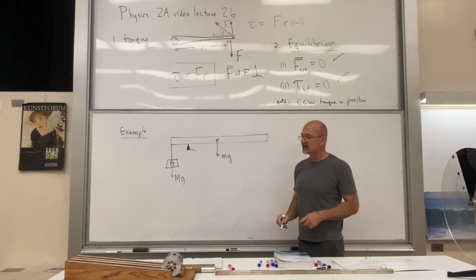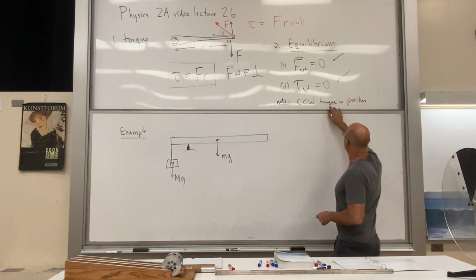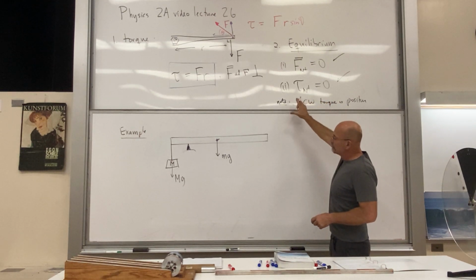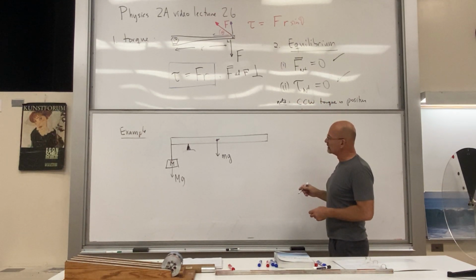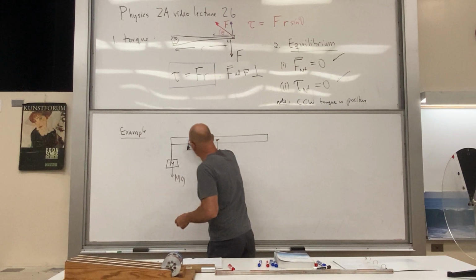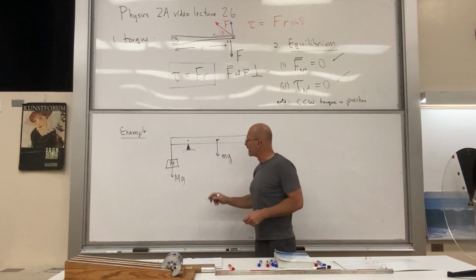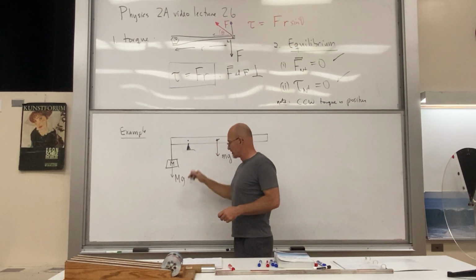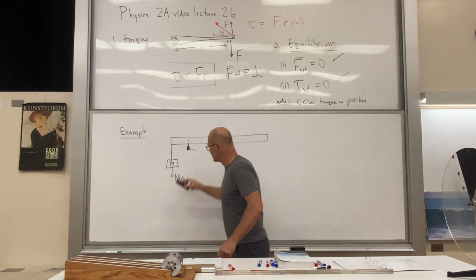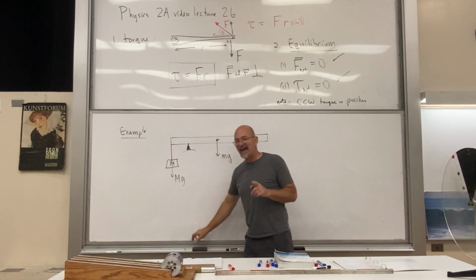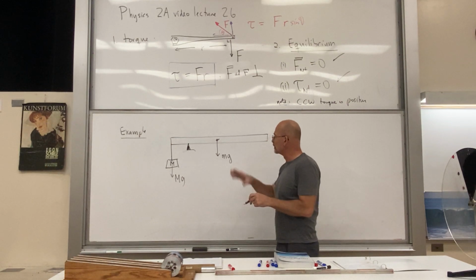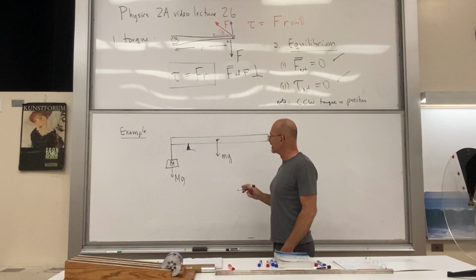So what are the torques? Now the torque can be measured from any point you want to. And typically, we like to measure it right here, with respect to the obvious pivot. But we can actually measure it from anywhere. And we're going to do this problem measuring it from two different places.